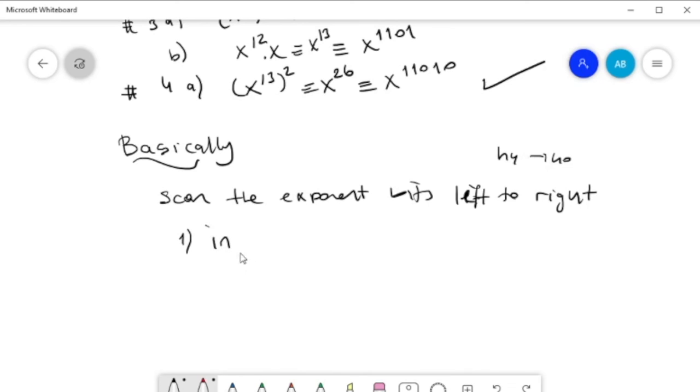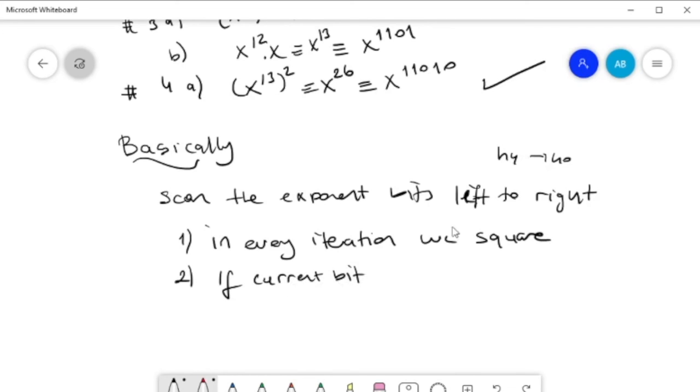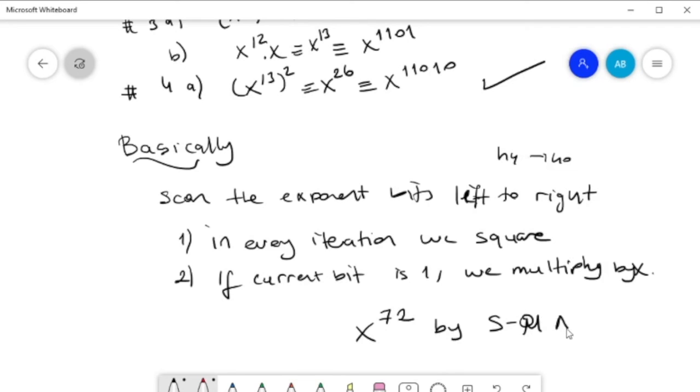Then in every iteration, we always square in every step, but if the current bit HI is 1, then we multiply by x. Now I suggest you compute by square and multiply algorithm. This is just an exercise, it's not homework.